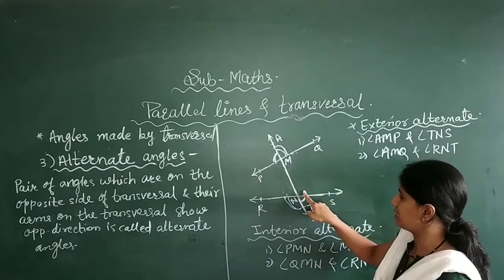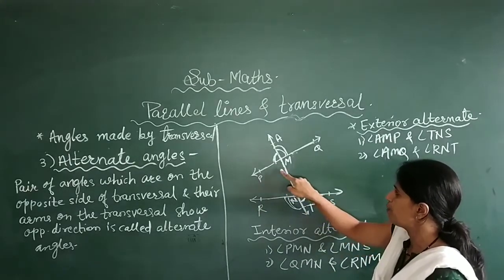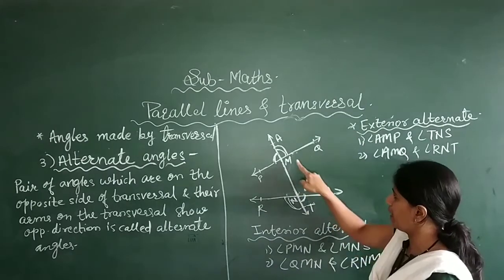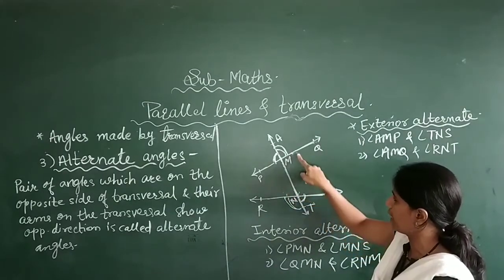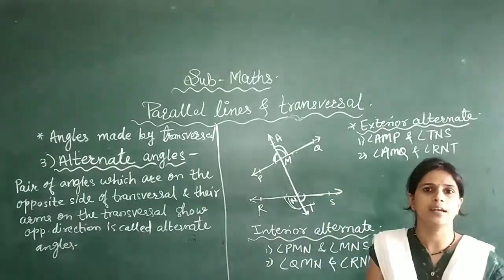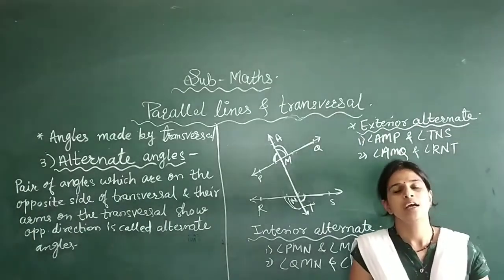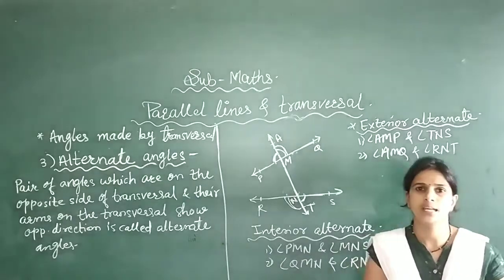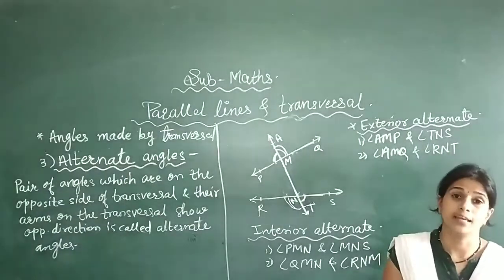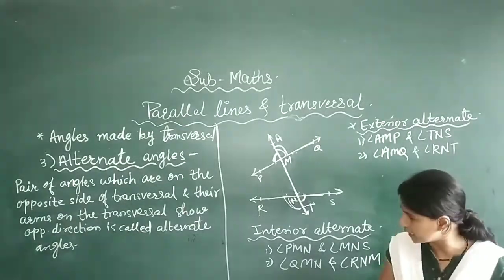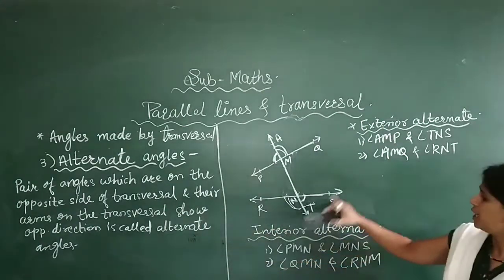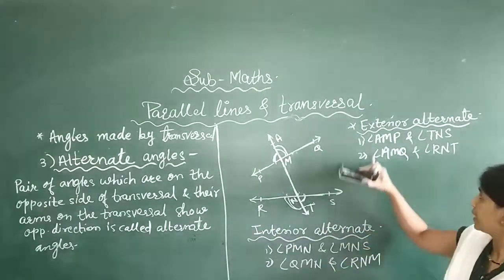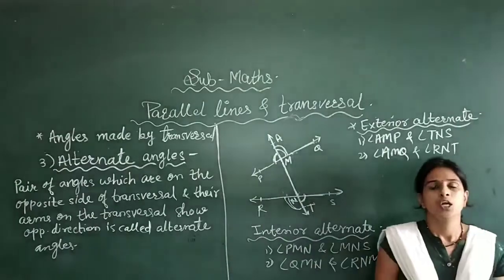This angle and this angle are interior alternate angles, and this angle and this angle are also called interior alternate angles. Getting it? Hope you understand. Corresponding angle, then interior angle, then alternate angle. In alternate, again two parts: the interior alternate and exterior alternate.